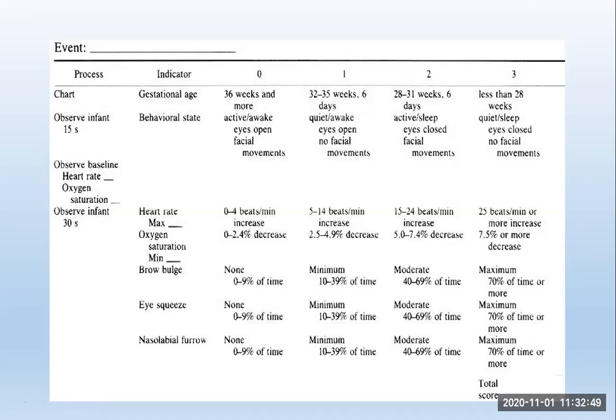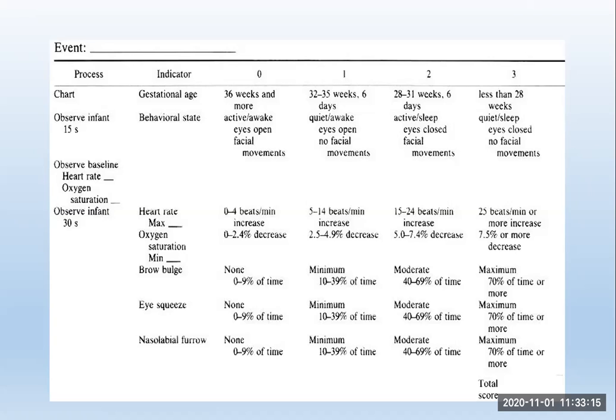We should observe the baseline heart rate and oxygen saturation. So we should write gestational age. You can see 36 weeks or more is scored 0, but when the baby is less than 28 weeks, we give score 3. It means the more premature the newborn, the higher the score we give.